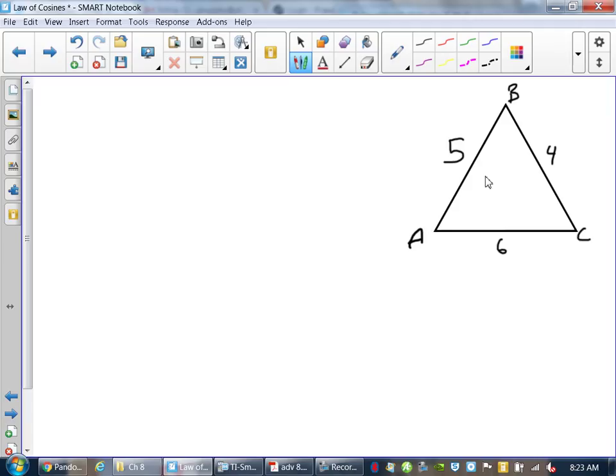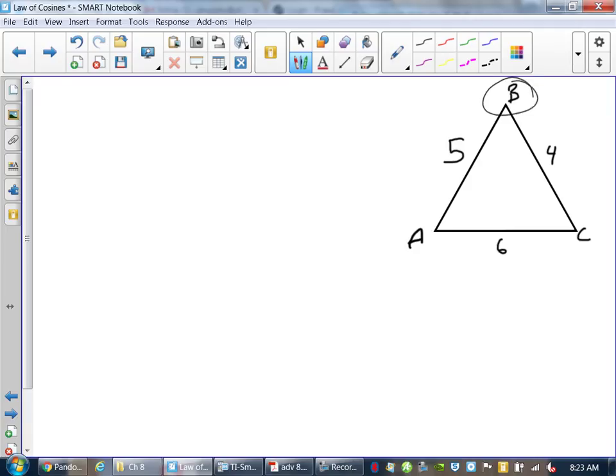Okay. Triangle ABC. Side lengths of 4, 6, and 5, respectively, for sides A, B, and C. Which angle is it forcing you to find first? B. It's forcing you to find angle B first because B has to be the largest angle.